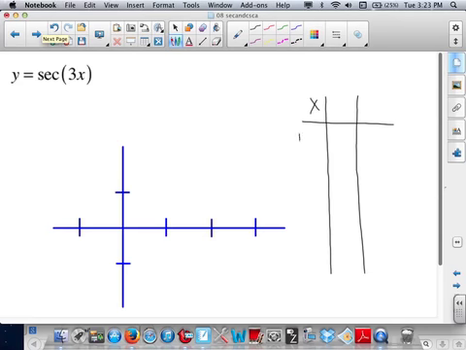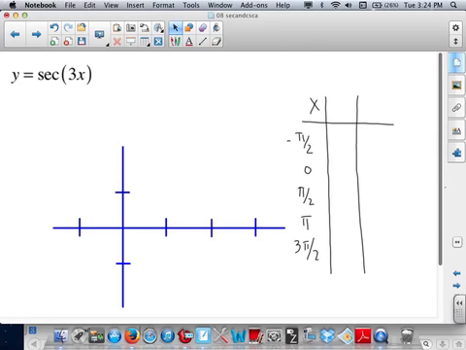Let's go ahead and put in our normal x values for secant, which you guys are going to have to memorize. Negative pi over 2, 0, pi over 2, pi, and 3 pi over 2. Now, what do you guys think I'm going to have to multiply all these by? That's right, 1/3. So we're going to multiply all these by 1/3.